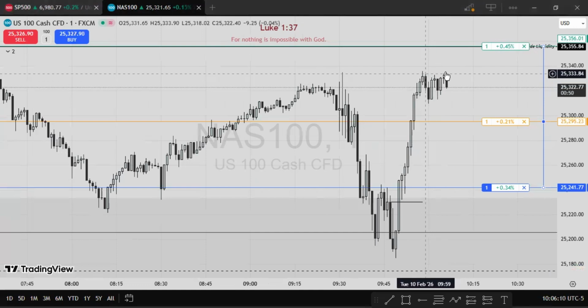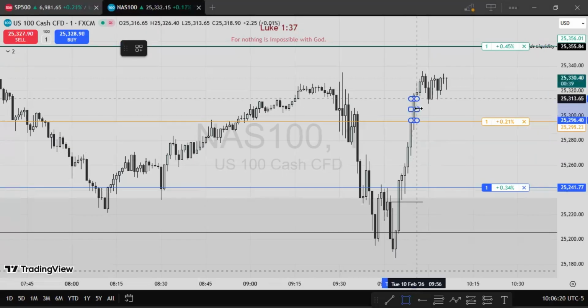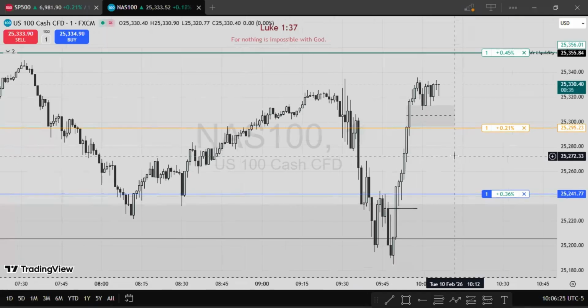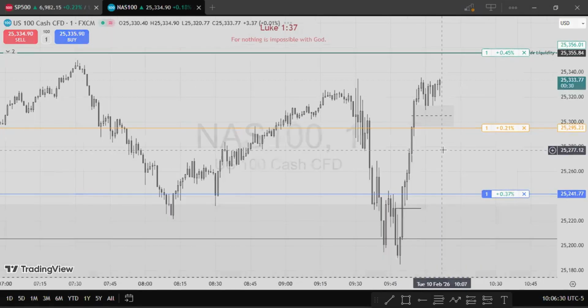We're still kind of creating more buy side here. So I definitely want to see if we'll still continue higher for this. But yeah, if we do trade below this busy here, I'll be done for the day, which is why I put my stops right there because I don't want to see it going down.